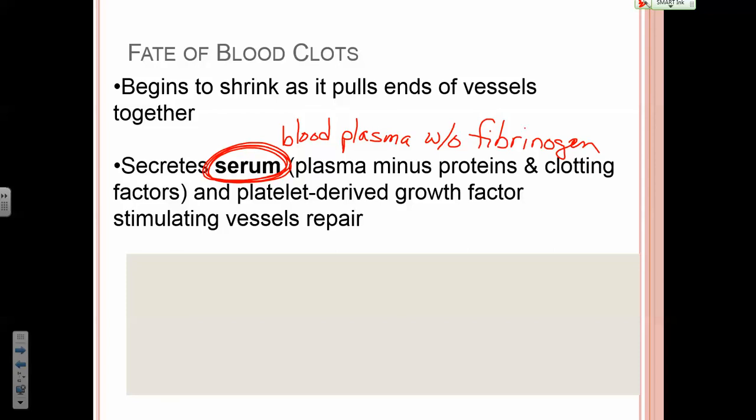It can stay on a shelf a long time. It won't clot. It won't form the fibrin strands, whereas if it had fibrinogen in it, it would when it encountered the air. So sometimes you hear the terminology serum, and that's all it is. It's blood plasma without fibrinogen.